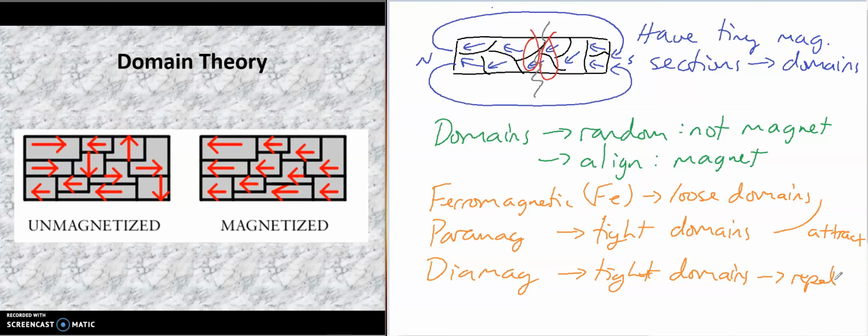So a diamagnetic fridge would absolutely suck, because every time you tried to put something on your fridge with a magnet, the magnet would actually come away from the fridge instead of sticking the thing on. Okay, so this is how domain theory has helped us figure out how materials work, and how the alignment of the domains shows up in the magnetic properties of materials.